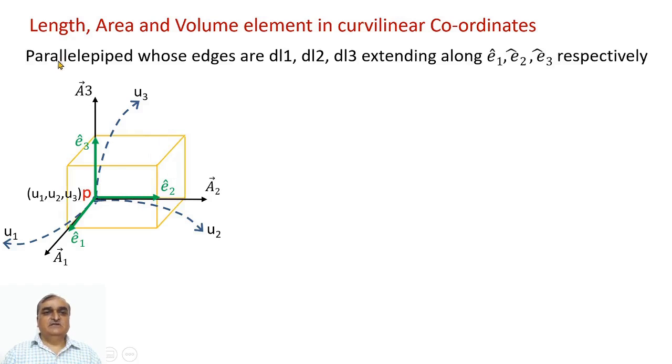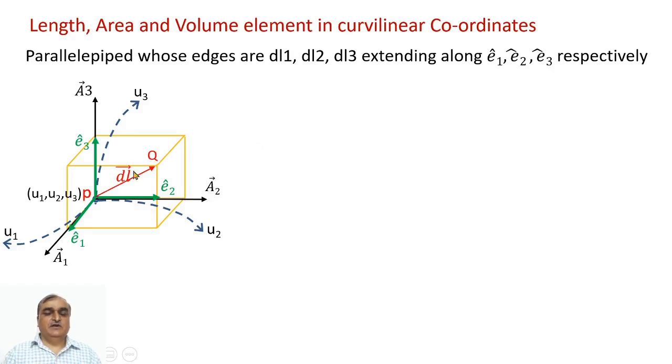Then consider a small volume, a parallelepiped whose edges are dl1, dl2, dl3 extending along the three directions e1, e2, e3. Connect the two diagonal points by a vector dl bar.